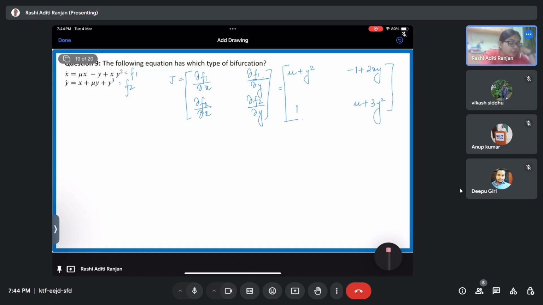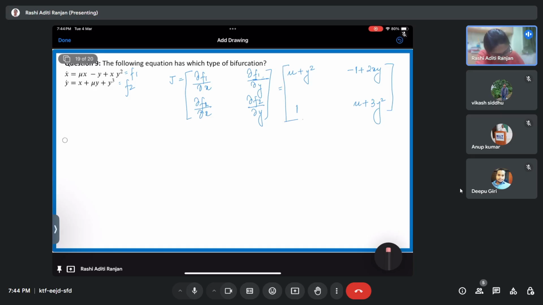Before going into this further, I would like to bring in the theorems that were taught in the class in order to find out whether Hopf bifurcation is going to happen in our system or not. If you remember, there were three things that were important.